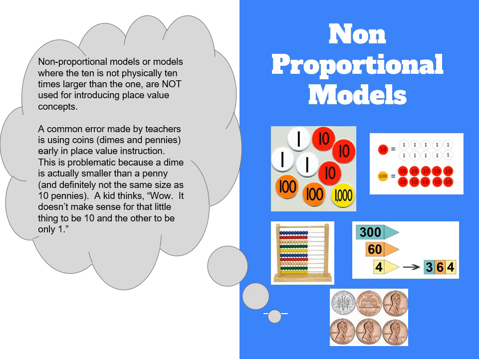So the reds might represent tens, and then those whites might represent hundreds. This last picture here is a non-proportional model. These are called arrow cards. They're really good for helping kids work with expanded form. If you think about putting them on top of each other, placing that 60 on top of the 300 and then the 4 on top of the 60, you can see that that makes 364. Really awesome place value model, but definitely non-proportional.